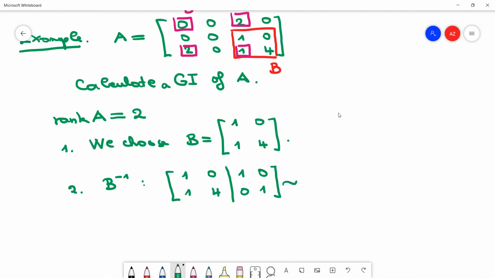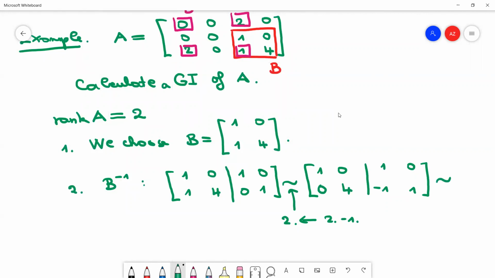So we can subtract the first row from the second. The first row remains the same, and from the second we get 0, 4, and minus 1, 1. So here the second row is the second row minus the first row. And we only need to multiply the second row by 1/4 so that we get 1 on the diagonal.